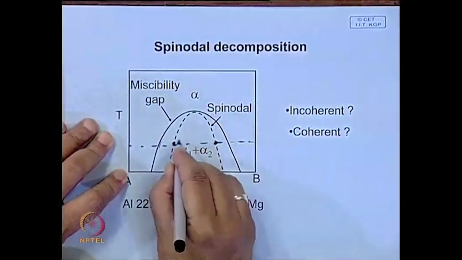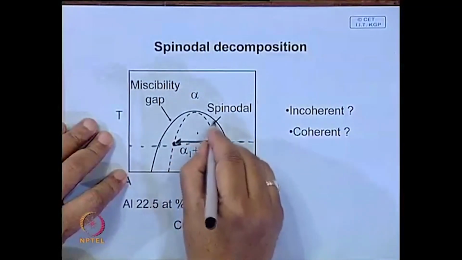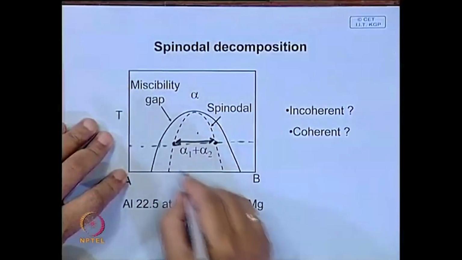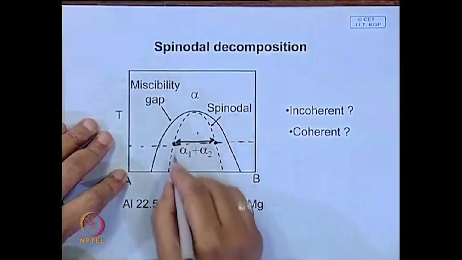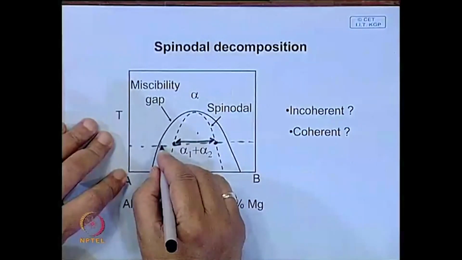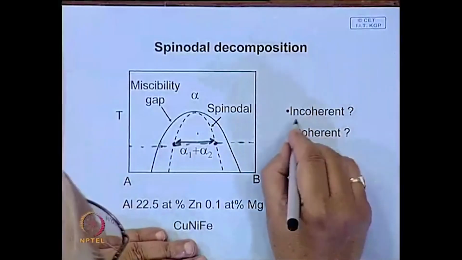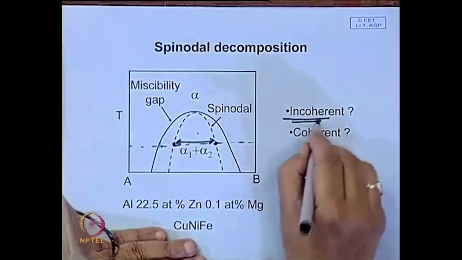So, within this you can have small fluctuation stable. So, within this you can have homogeneous precipitation, uniform distribution of precipitation. Here it will be a normal nucleation and growth. And this is the case we are considering where the precipitate is incoherent.